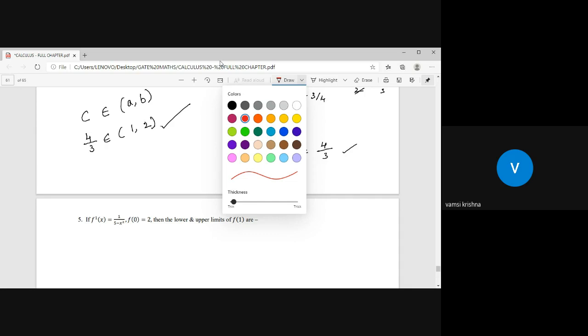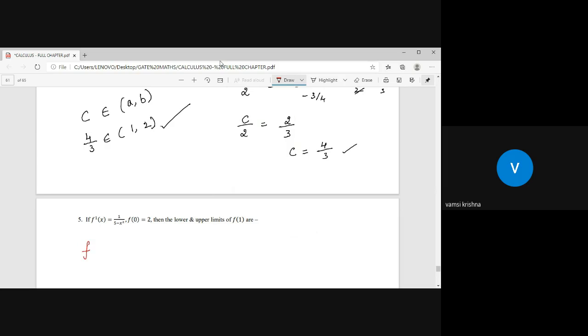In all problems I give f of x, but here f of x is not given; what is given is f dash of x. Be careful. f dash of x is already in your hand, that is 1 by 5 minus x square, but the boundary is almost decided. f of 0 is 2. Then what are the lower and upper limits of f of 1?